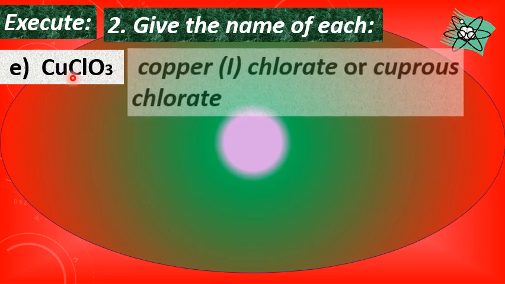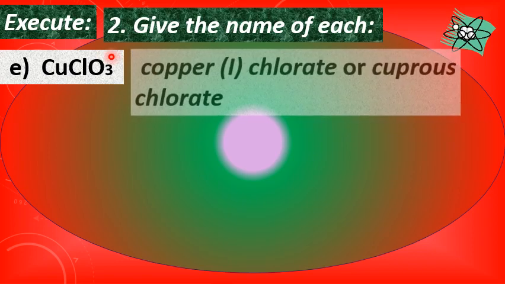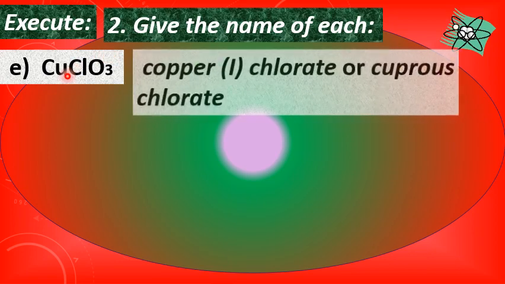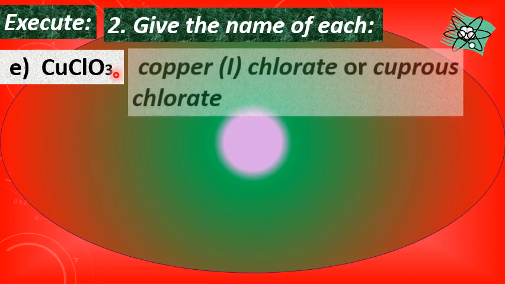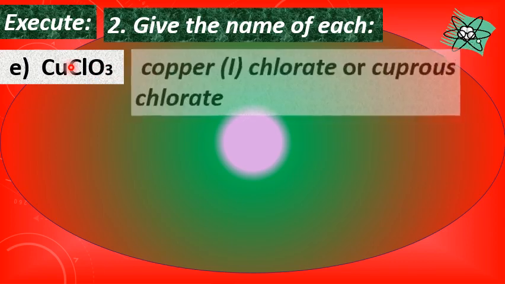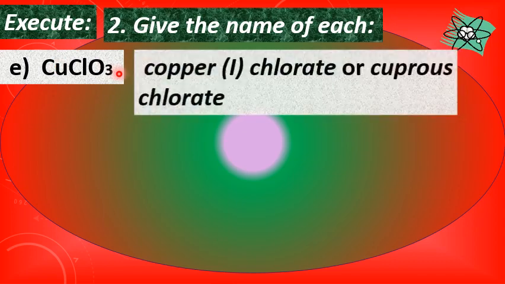Copper here has a subscript 1, and that means the ionic charge of chlorate, which is negative 1, when crisscrossed, is supposed to be the subscript for copper. Since there is no need to write the subscript for chlorate after crisscrossing the ionic charge of copper, it is understood to be 1.